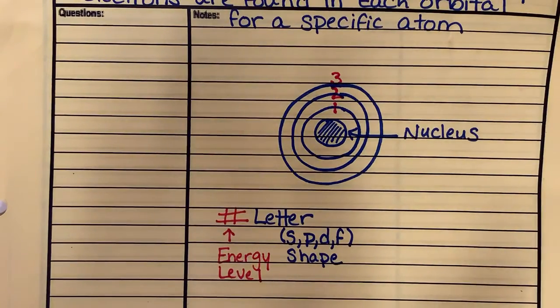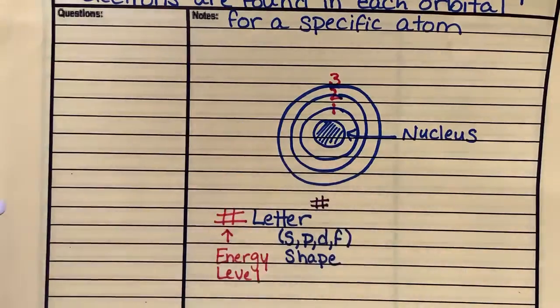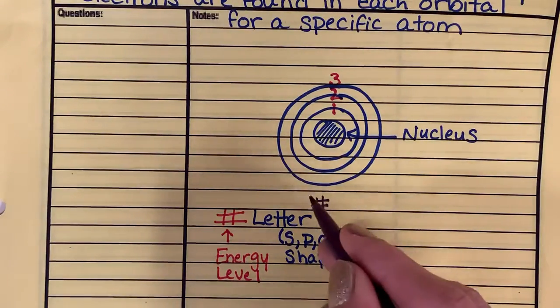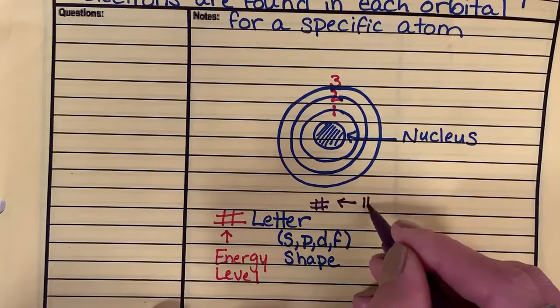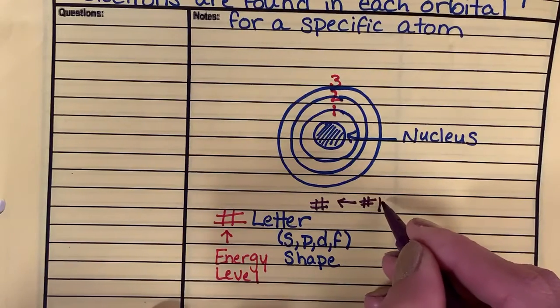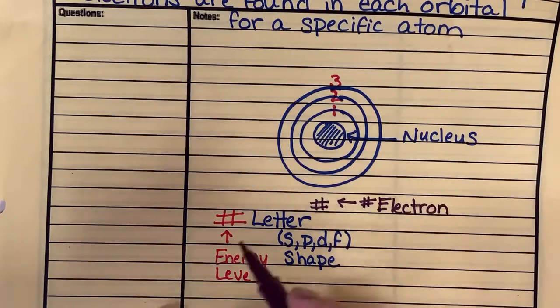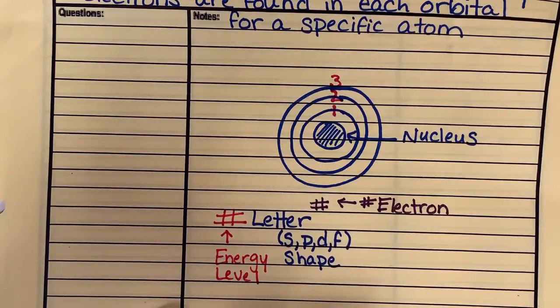We weren't really concerned with those. Then, I'm going to have another number. This number is written as a superscript, so it's a little number up top, and this number represents how many electrons are found in that energy level in that electron orbital.